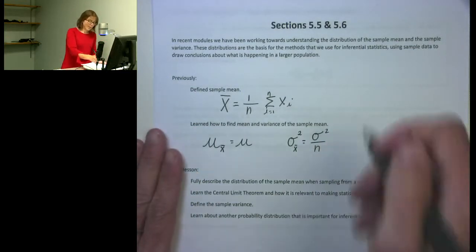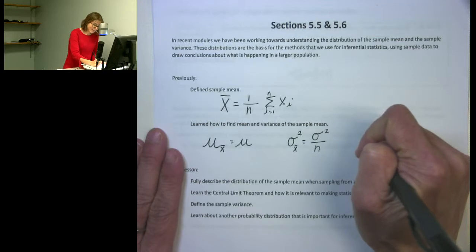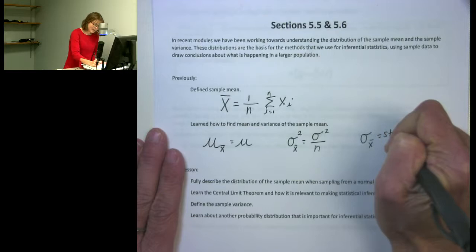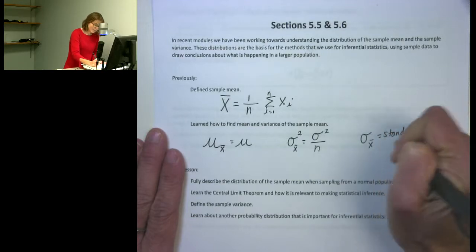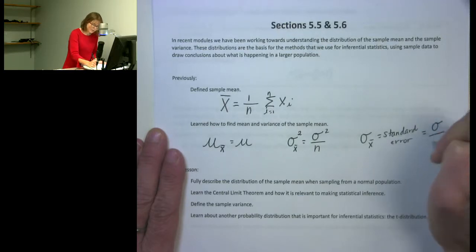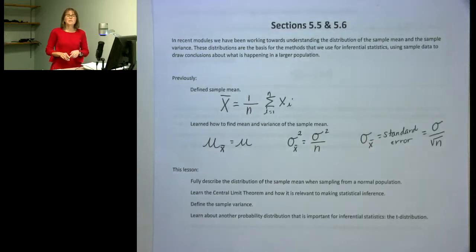And we also saw that we had something called the standard error. Sigma of x bar is the standard error, which is equal to the square root of the variance, so sigma over the square root of n. So we've kind of worked on those pieces already.